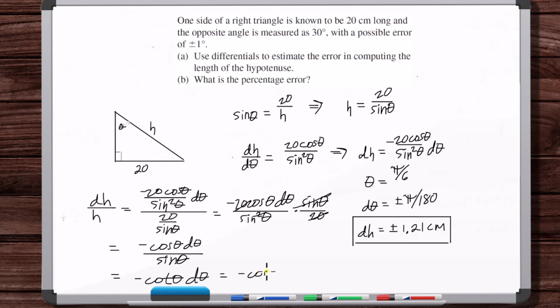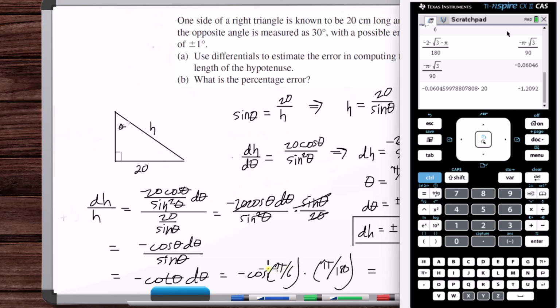So minus cotangent pi over 6, and then times pi over 180. Oh no, this is cotangent.